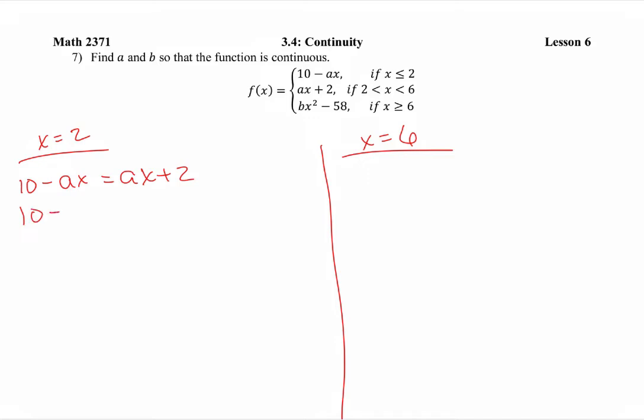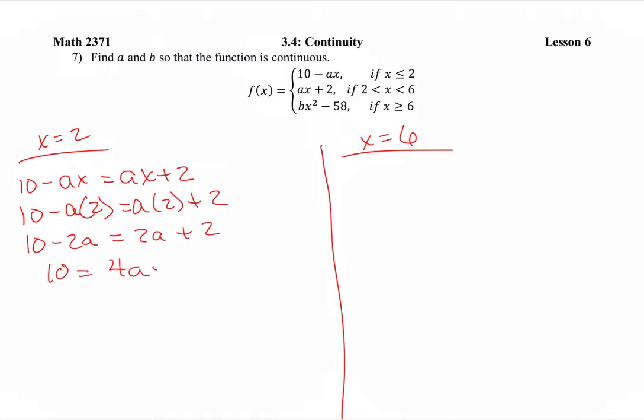So that's 10 minus a times 2 equal to a times 2 plus 2. So that's 10 minus 2a equals 2a plus 2. So that is 10 equal to 4a plus 2. So that's 8 equal to 4a. So a has to be 2.